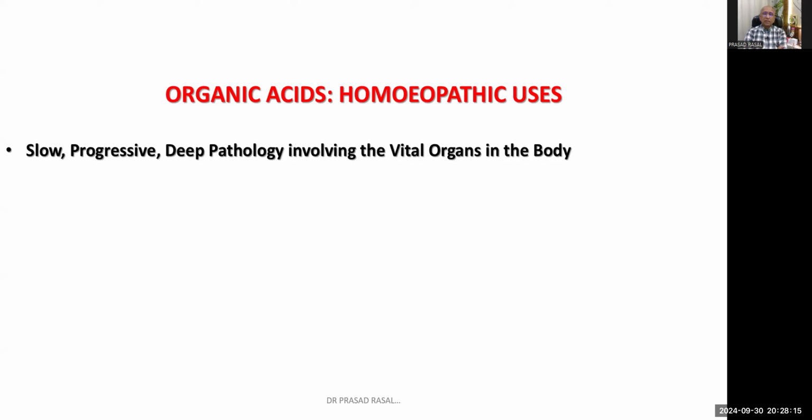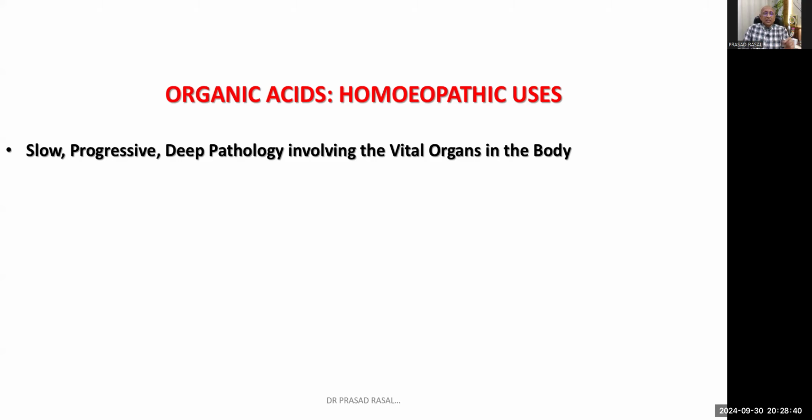And you get deep pathologies, a gangrenous process, a process in which cancer is developing, a process in which tubercular adenitis is developing, a process where the sinus is forming, the fistula is forming. These are the persons where destruction is happening.